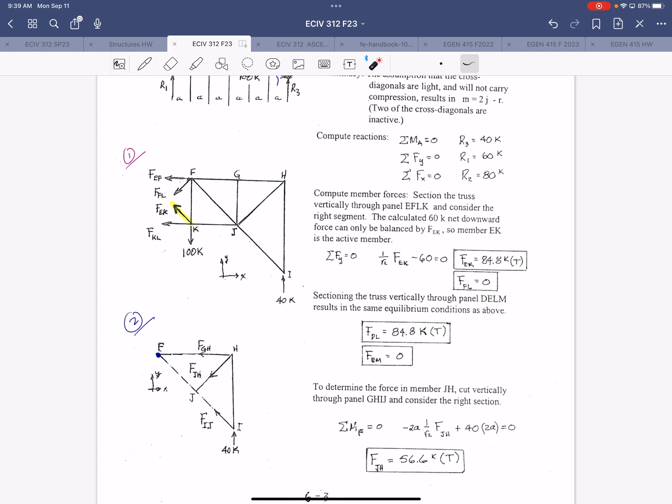Now that's not the only way to go about finding JH from this free body diagram, right? You can also do some forces in X and some forces in Y, solve, and then sum moments about a point, because you have 3 unknowns there.